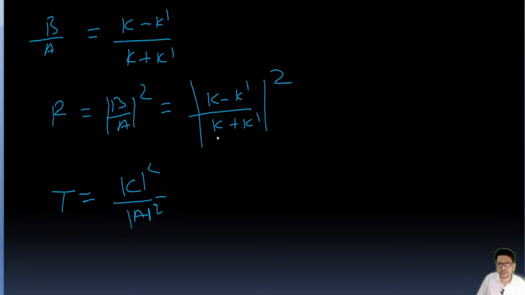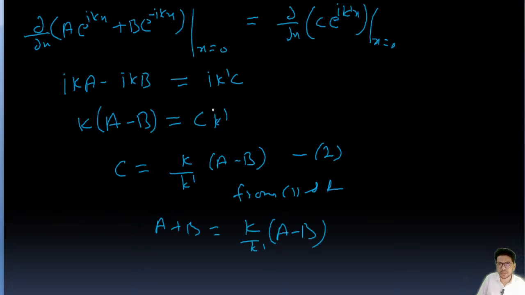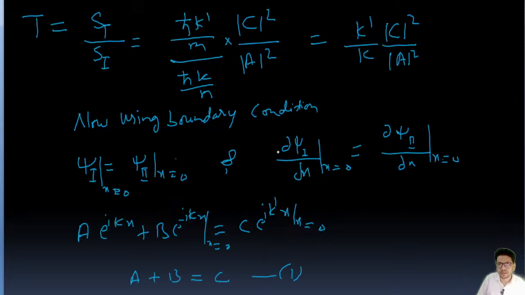Like we have, from equation 1, A plus B equal to C, and we have A minus B equal to K dash upon K times C, right? This is equation number 2, and equation number 1.